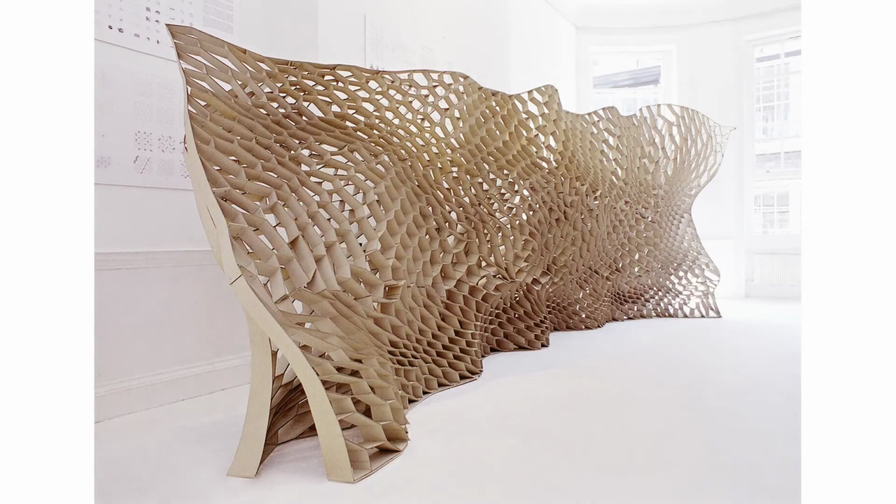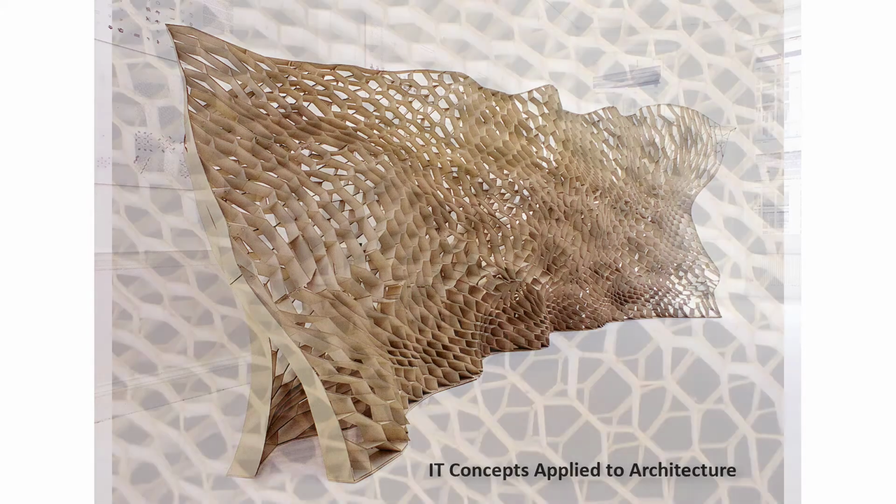BIM technology leads us to parametric design, allowing us to produce complex forms. So let's talk about IT concepts applied to architecture. The appropriation of software originally used in the automobile and aeronautical industries allows a new focus on architectural design.